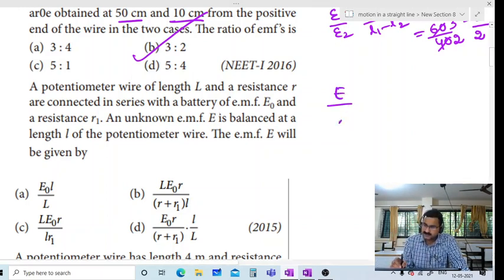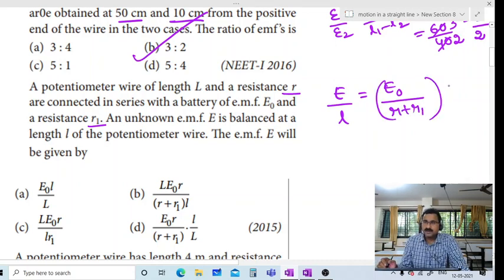E by L is equal to, same as V by L is equal to I, I wrote the same thing. I means battery EMF E0 divided by the resistance they gave: this one and another one, R plus R1, into capital R, instead of that, the resistance of the potentiometer, that is small r divided by the length.